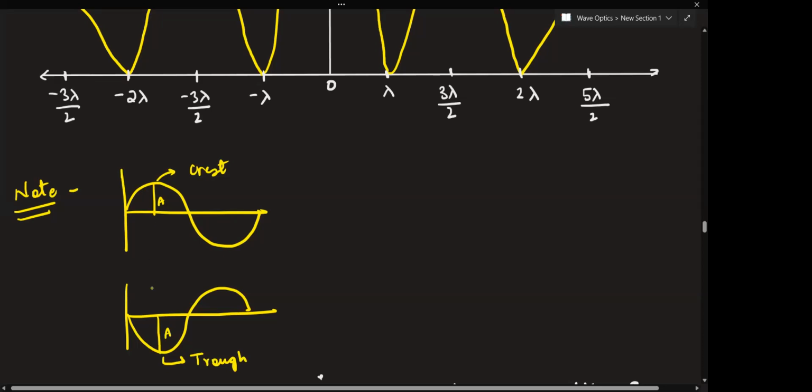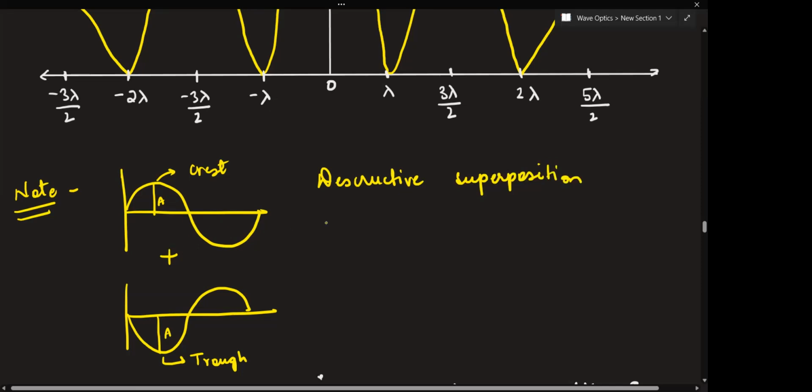So when this kind of wave adds up with this kind of wave, one crest adds with a trough, this results in destructive superposition. This is what is known as destructive superposition.